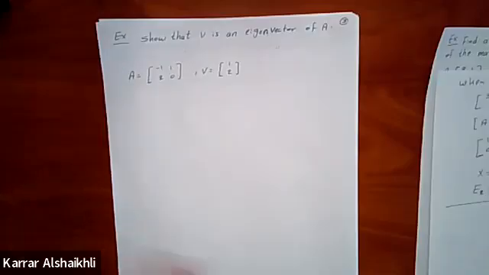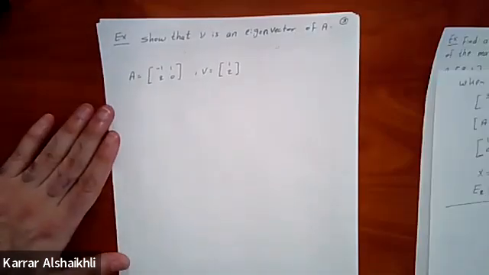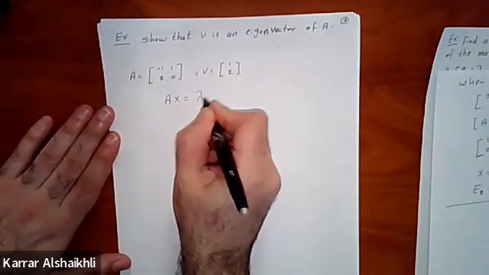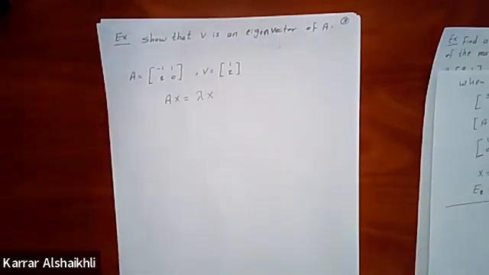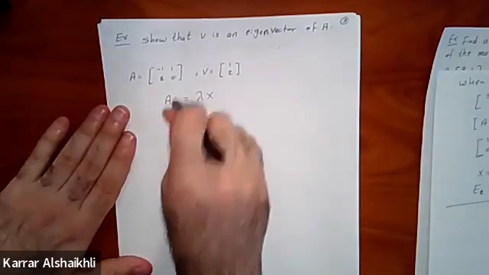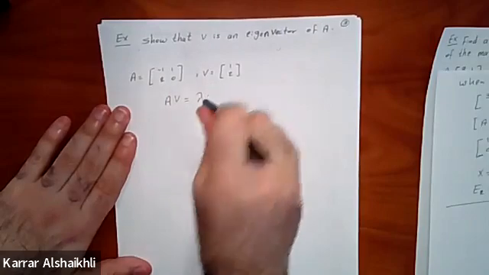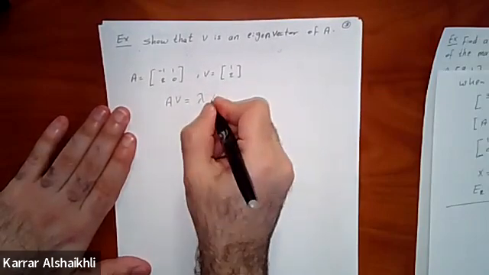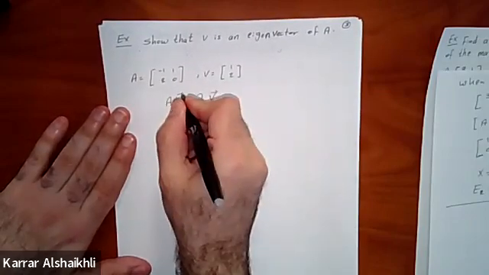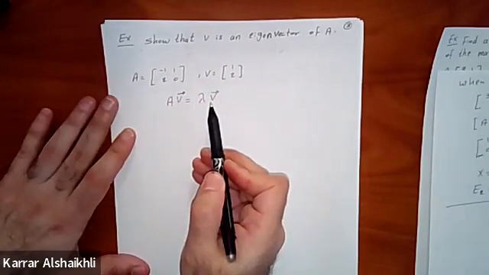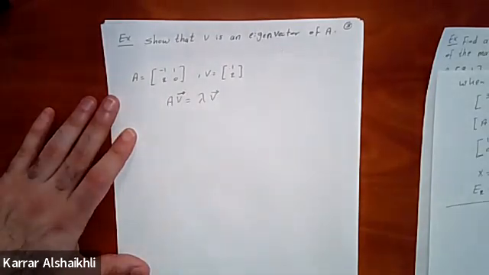But we have only one formula. It says AX equals lambda X. Let's check how we're going to use this formula. We have the A, we have the vector V. I'm going to say AV, not AX, because the vector they're giving you is V. So AX equals lambda X, AV equals lambda V, the same thing.